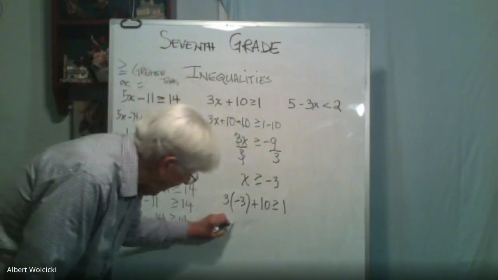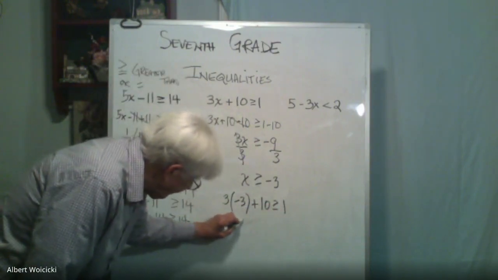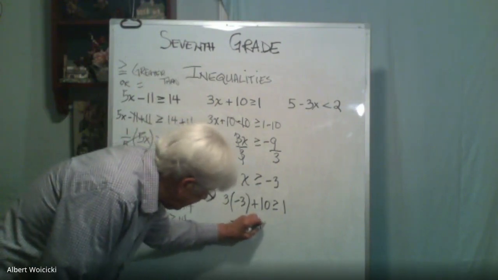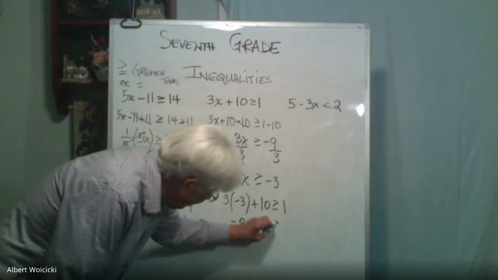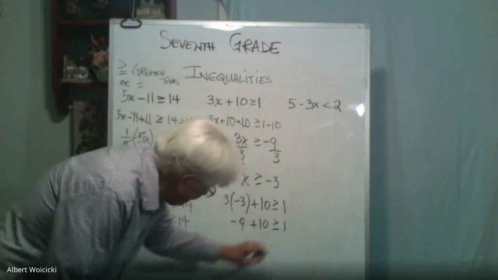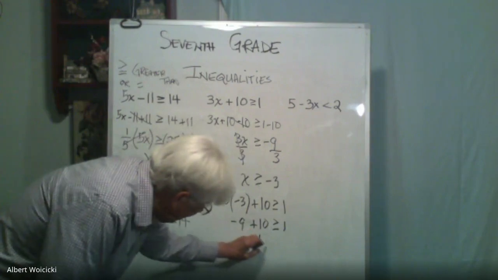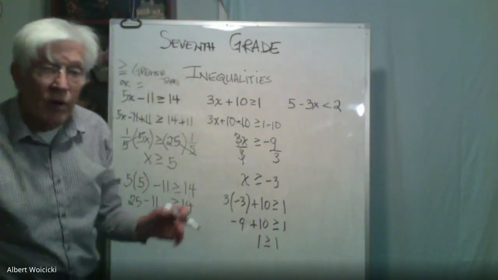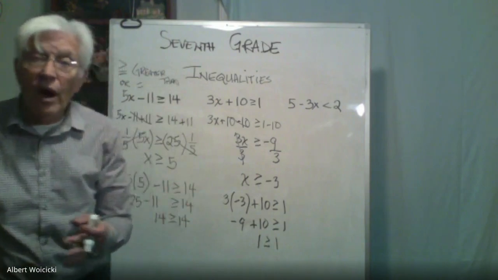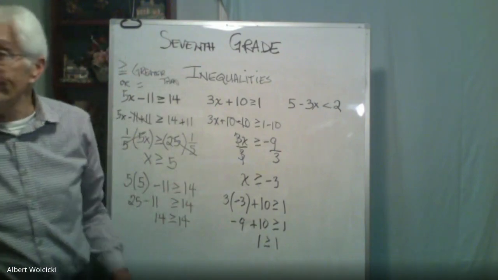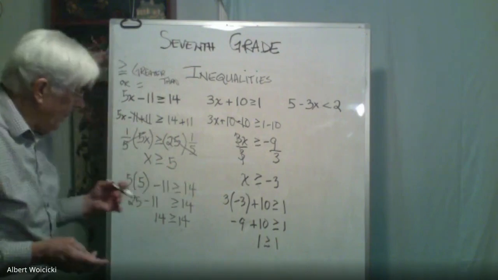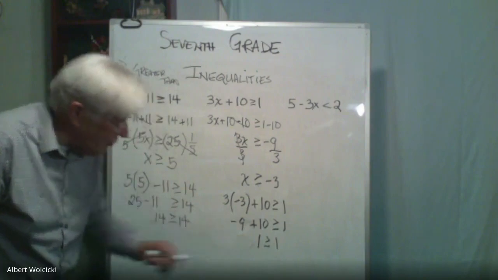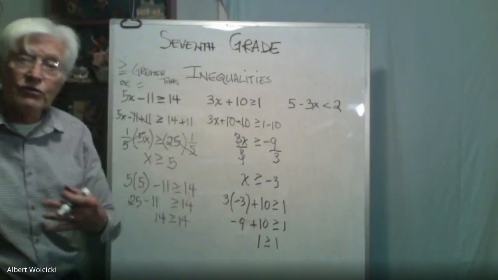So we get the opposite of 9 plus 10. Is that greater than or equal to 1? So we get 1 is greater than or equal to 1. Well, 1 is equal to 1, so it works.